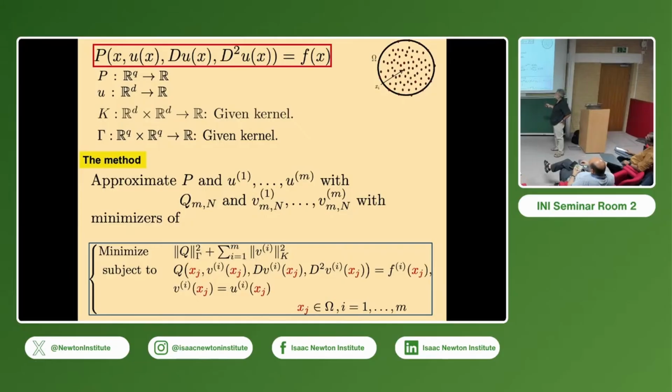And if you write gamma for the kernel that you're going to use to recover P, so this is a kernel whose input space is the input space of P, then this method is equivalent to approximating the unknown functional form P and the partially observed solutions with minimizers of the following nonlinear optimal recovery problem, in which the loss is the sum of the squares of the RKHS norm of the unknown functions, and the constraints are enforcing the PDE at the points at which we are observing the source terms, and they're also enforcing the values of the partially observed solutions at those observation points.